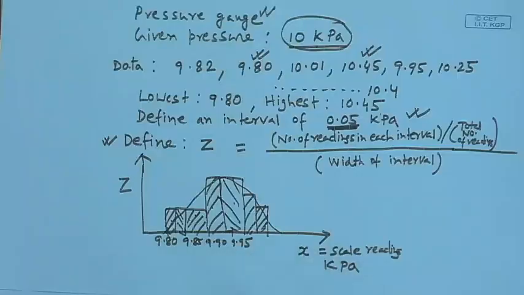In that case, the steps will be smaller and smaller, and this plot will be like a smooth curve in the limiting case.